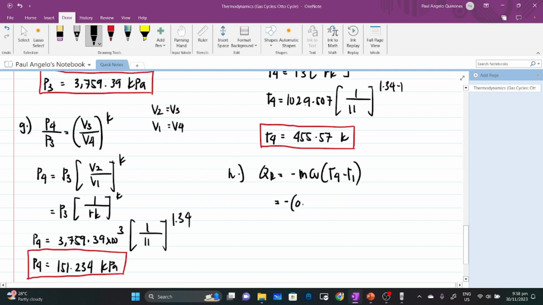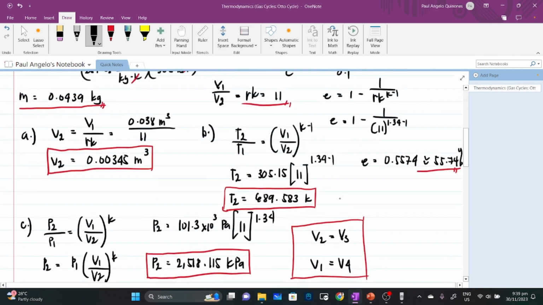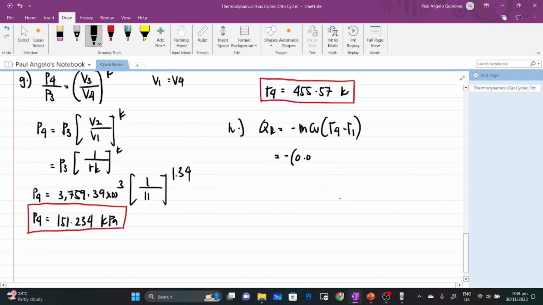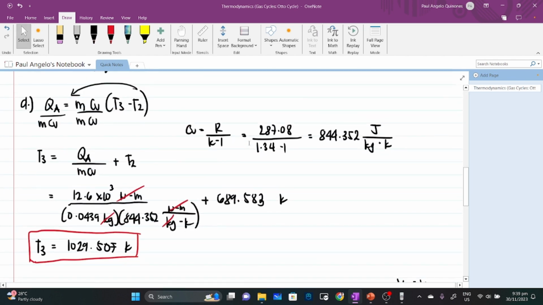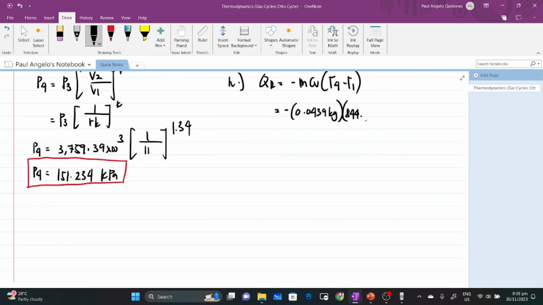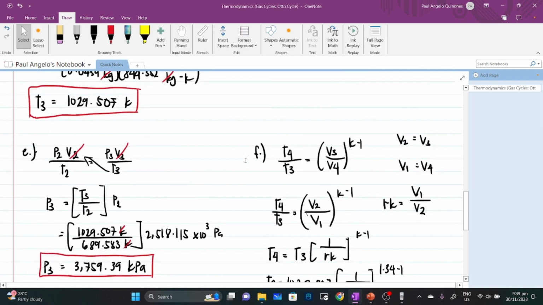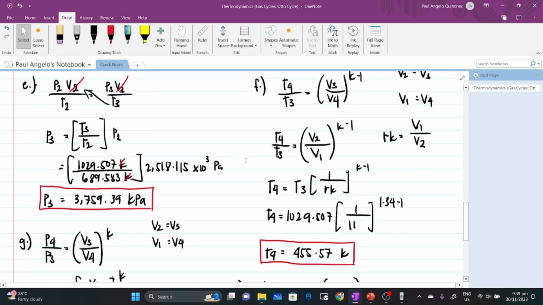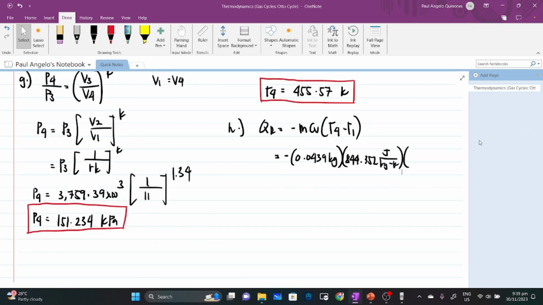We have the mass, which is 0.0439 kilograms, times Cv, that is 844.352 joules per kilogram Kelvin, times T4, that is 455.57, minus T sub 1, that is 305.15. That is in Kelvin as well.